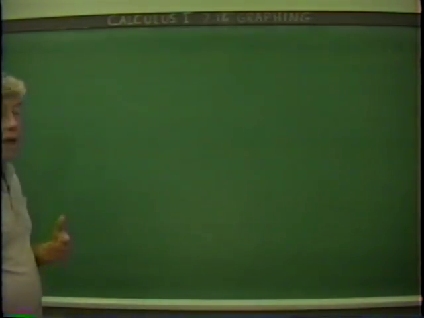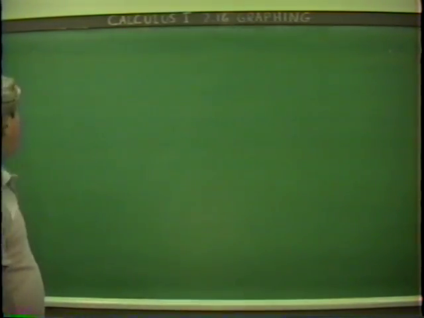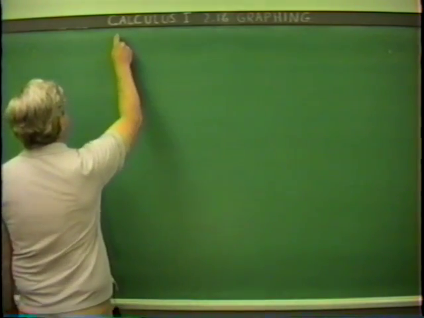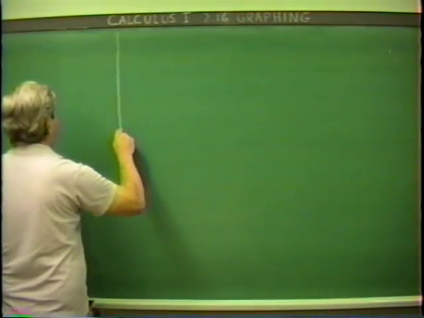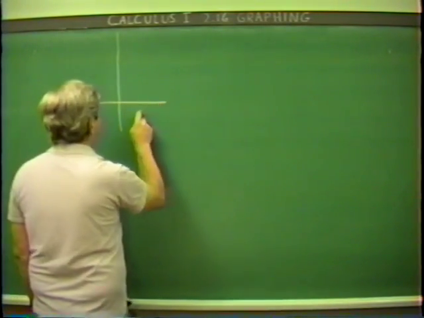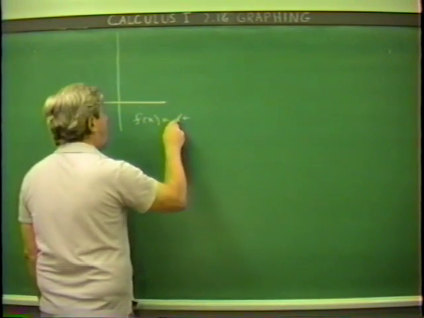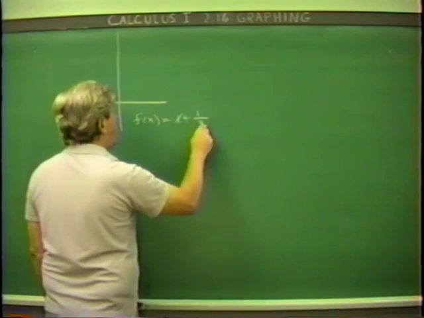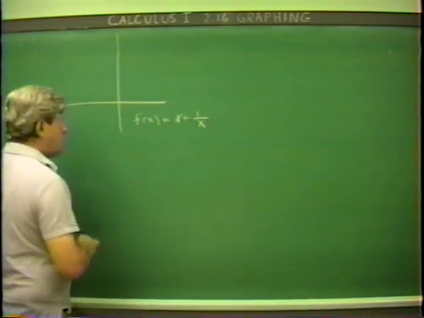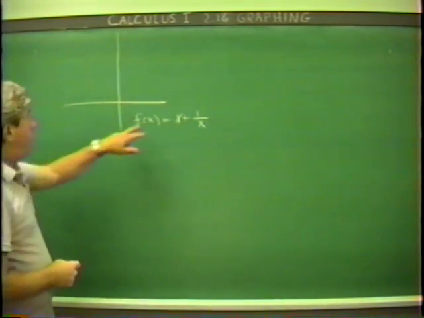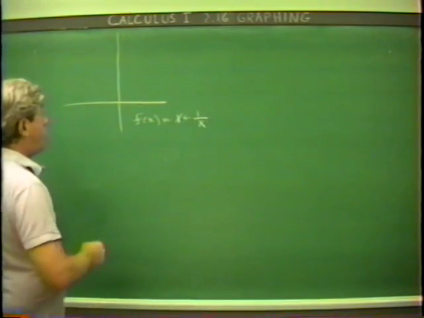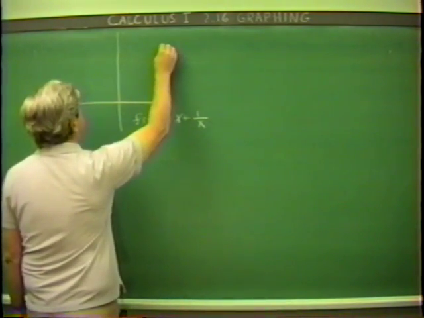Take a look at some other examples of graphs where you can get some ideas as to what the graph looks like. Let's take a look at the graph of f of x equals x plus 1 over x. Now, this function is the sum of two other functions, and you can graph the function y equals x.